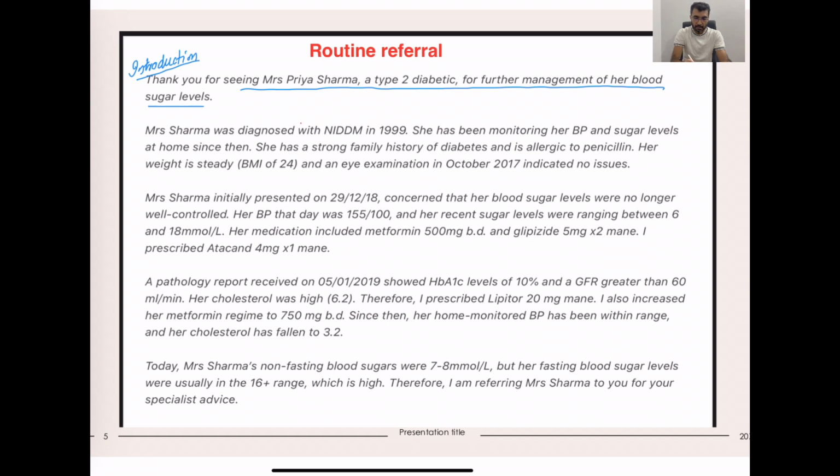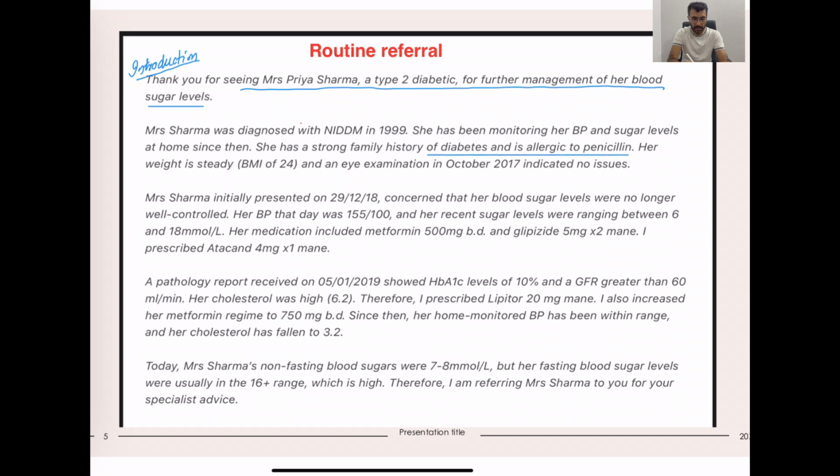Then: Mrs. Sharma was diagnosed with NIDDM in 1999, has been monitoring her BP and sugar levels at home since then, has a strong family history of diabetes, allergic to penicillin. So this is the patient's past medical history.